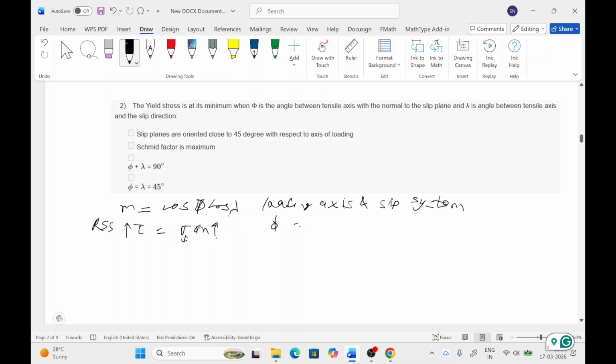If both are 45, phi plus lambda is 90 degrees. We can get different values not equal to 45 degrees too, but if their sum is 90 degrees, we will achieve the maximum value of the Schmidt factor.